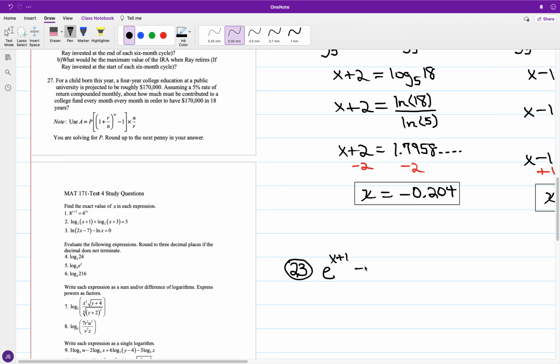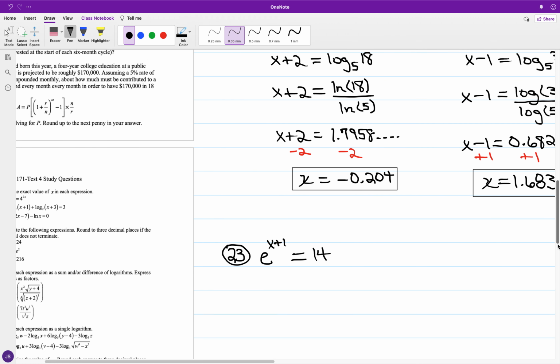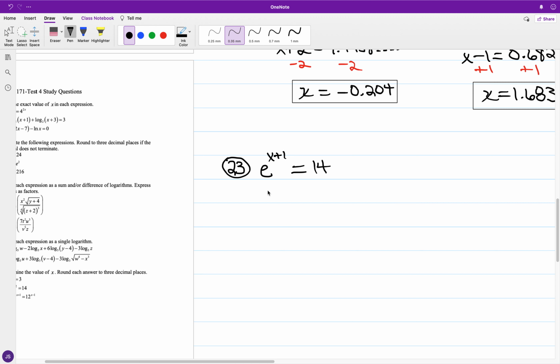So I have e to the x plus 1 is equal to 14. And in this particular case, we've got the variable expression x plus 1 on just the left hand side of the equation. So with this one, I can take the base e logarithm on both sides.